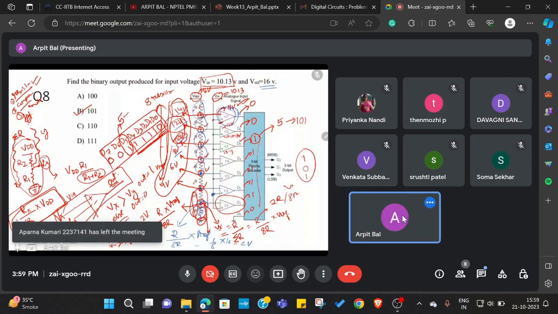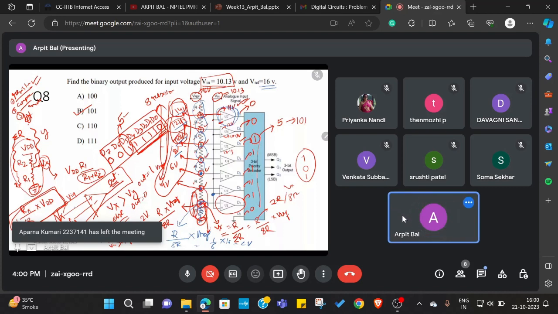Okay, then you figure out what is the V input. Okay, and whatever V input you have obtained, you see for what value the comparator is going to give you a 1. Okay, so in the first case, V input is actually connected to the positive terminal.